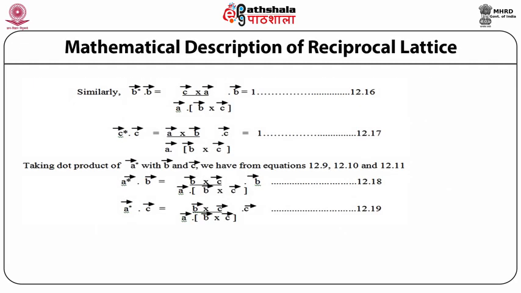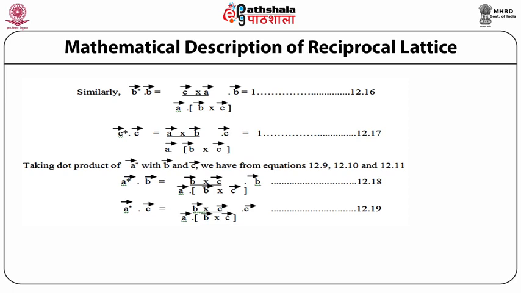Similarly, B star vector dot B vector is equal to C vector cross A vector upon A vector dot B cross C vectors dot B vector is equal to 1, which is equation 12.16. C star vector dot C vector is equal to A vector cross B vector upon A vector into B cross C vectors dot C vector is equal to 1, which is 12.17.